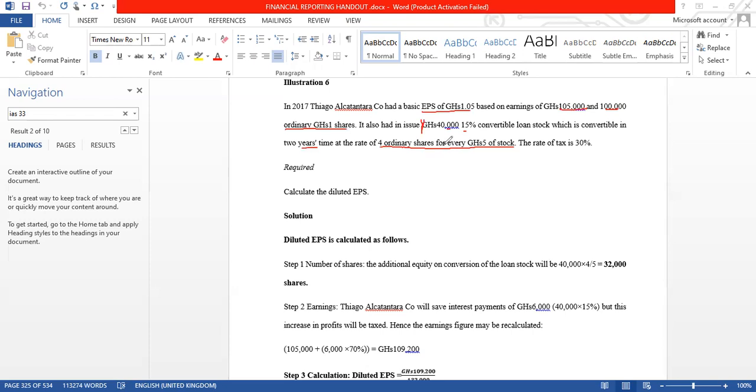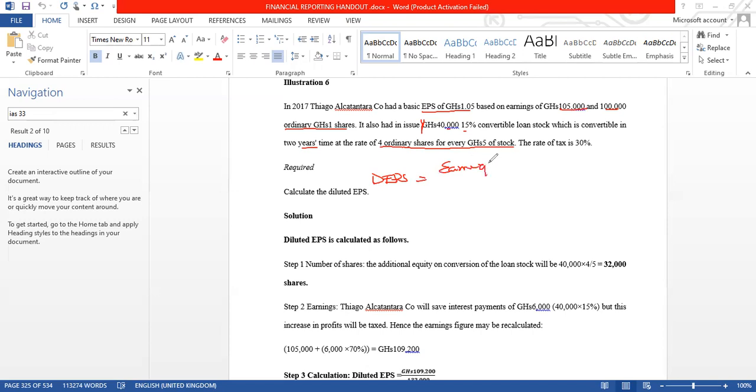So remember, what we need to do is first adjust our earnings, all right. When we adjust our earnings, we also adjust the number of ordinary shares that we have. But remember, when you are adjusting your earnings, you are talking about post-tax adjustment, okay? So the new earnings that will be coming in, you need to adjust it with tax and add it to the basic earnings that existed before. What we said was that diluted EPS is equal to what?